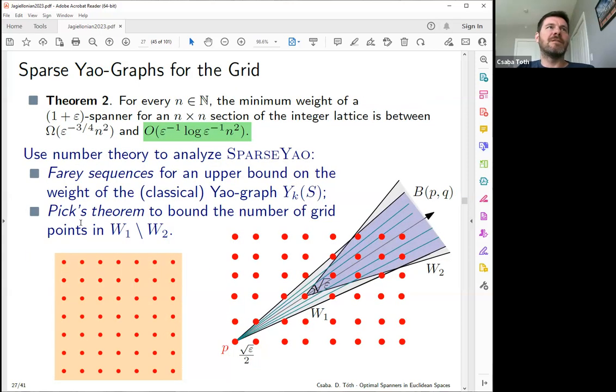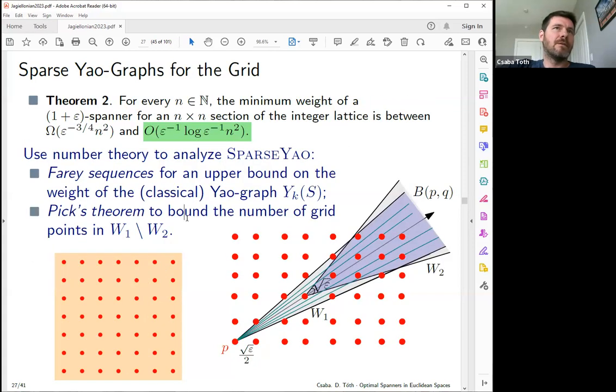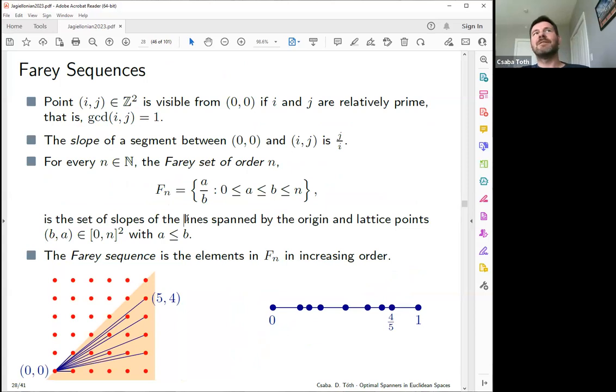Specifically, we have Pick's theorem, so that any empty lattice triangle has area at most 1/2 in the plane. That's one key part. The other part is a bit of number theory.